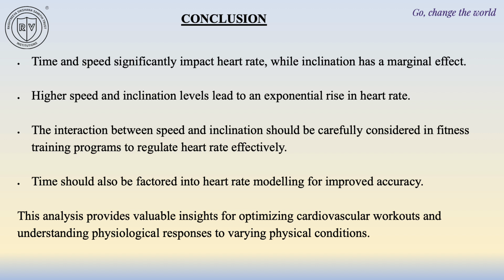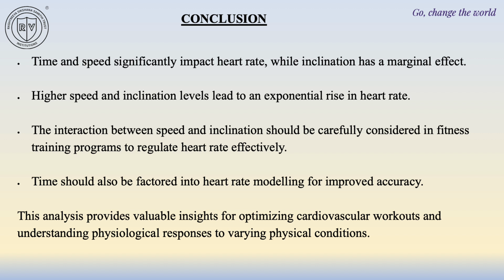To conclude, time and speed significantly impact heart rate, as do speed and inclination. But it should be noted that time and inclination was not a significant factor, and hence these two factors were disregarded. The software automatically disregarded that interaction and considered the others.